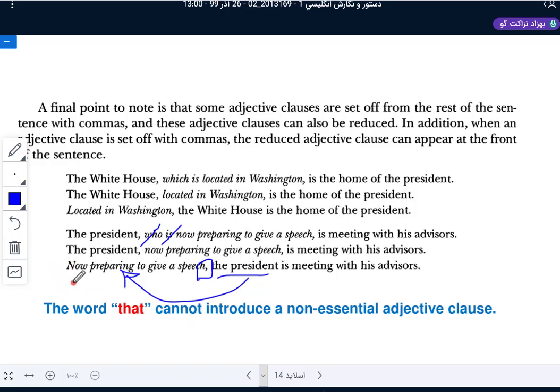The president is now preparing to give a speech. The president is meeting with his advisor. It makes sense. If I write the president's hat, the president's apostrophe S hat or cat or whatsoever.